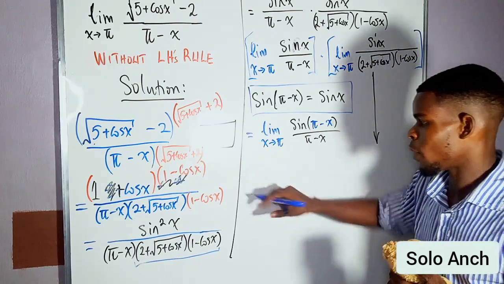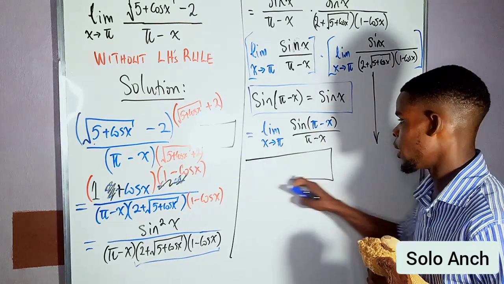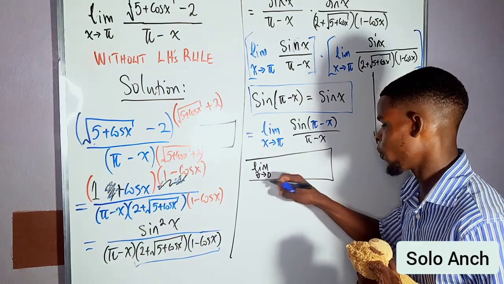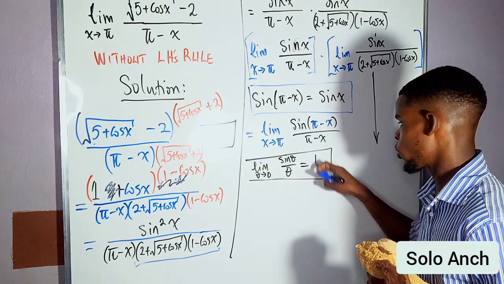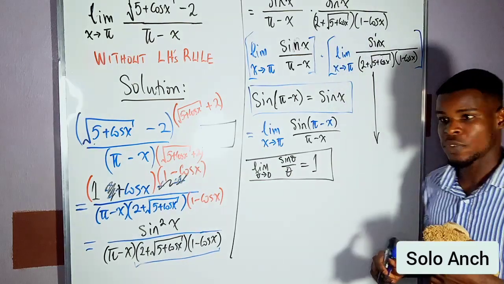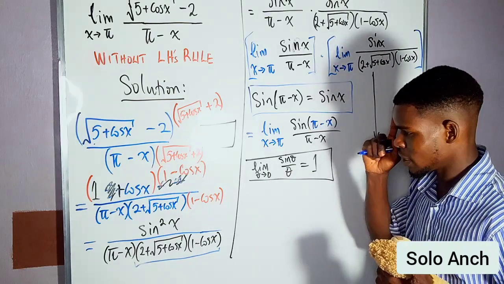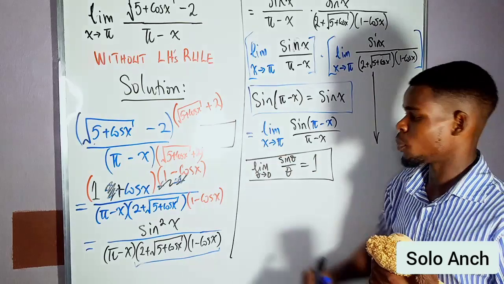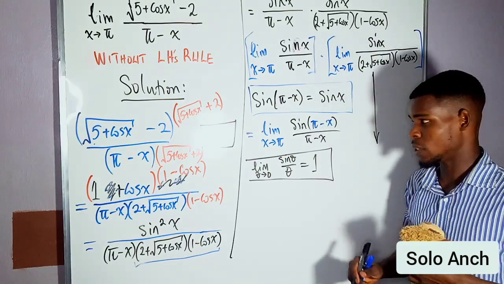It is a well-known limit that when the angle theta approaches 0, sine of the angle divided by the angle is just going to be 1. We can prove this using the unit circle, not using L'Hopital's rule. That's not because we are not allowed to use L'Hopital's rule, but because it would be circular reasoning to use L'Hopital's rule to evaluate this limit.